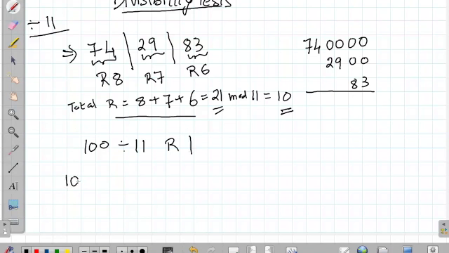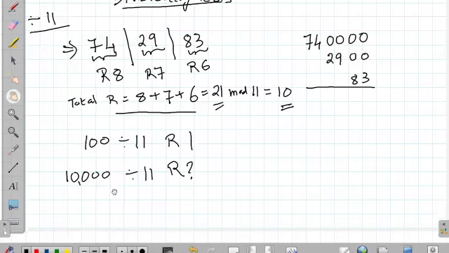So for 10,000, what would be the remainder? How can we go about thinking about this? So we can use the same visualization that we had used last session.